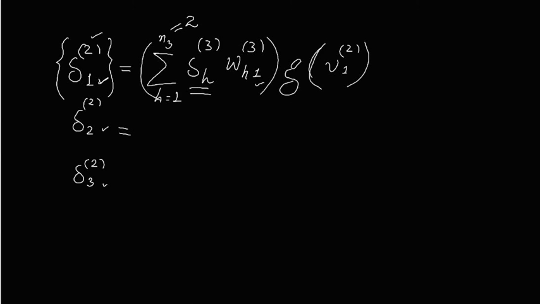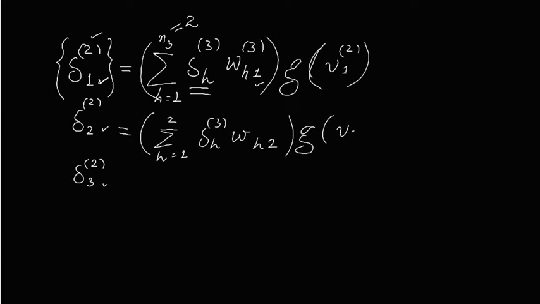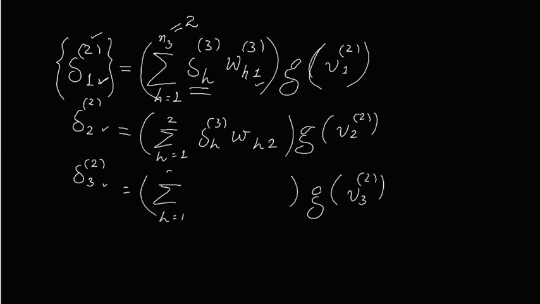Similarly, if we want to evaluate this, then we need H equal to 1 to 2 and delta H3 and W H 2 and this G of V2 2. Similarly we can evaluate using V3 2, and here H from 1 to 2 and delta H3, and this W will be H3 now.